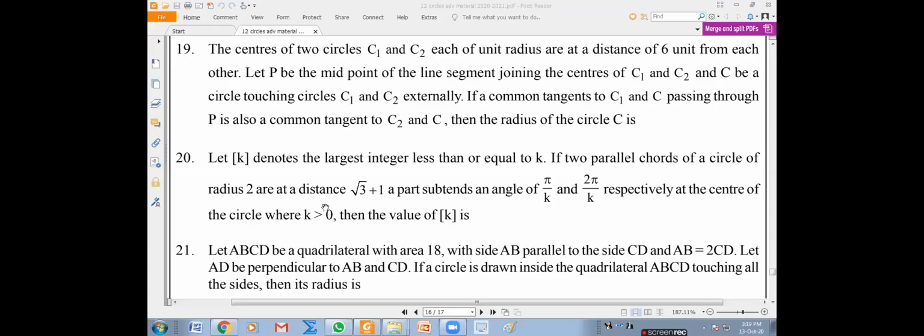Is it okay? 19? Yes. Okay. Even 21 is also a JEE Advanced question. You can try.